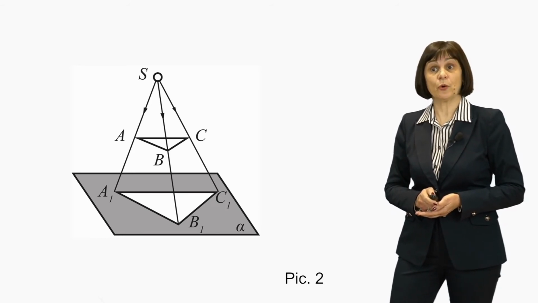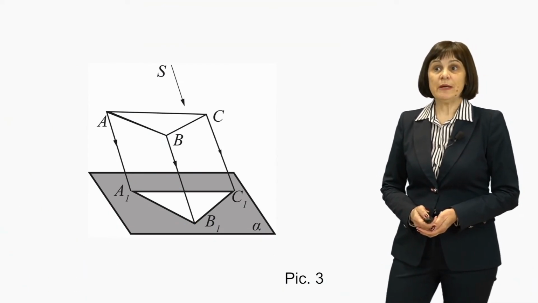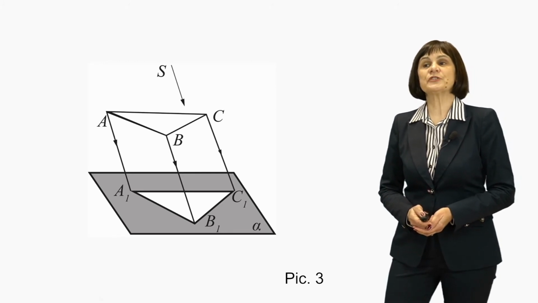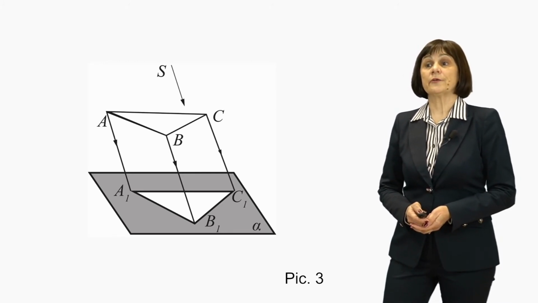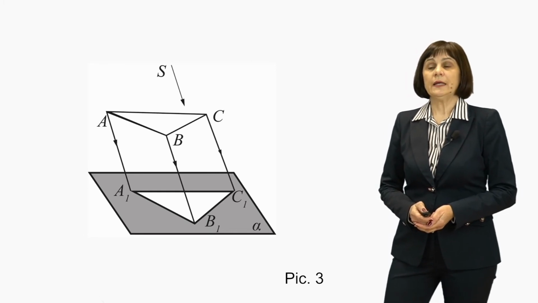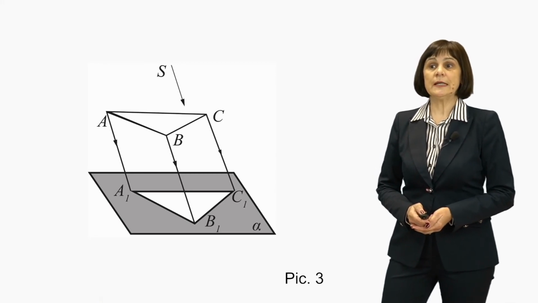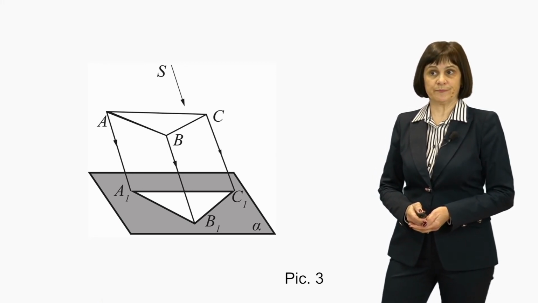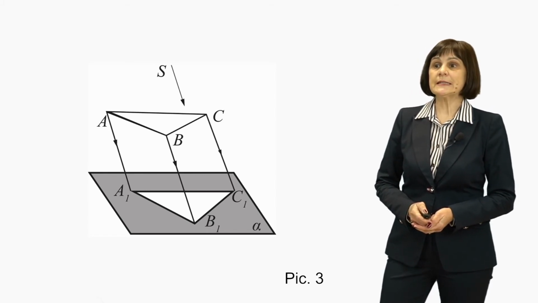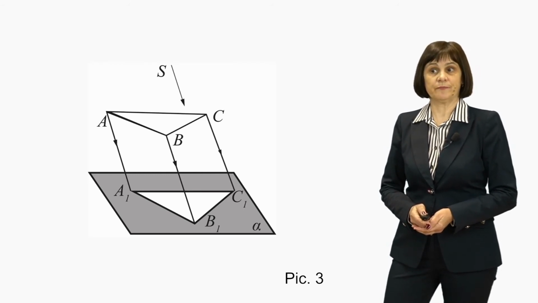of the original object. So, the central projection method does not display the parallelism of straight lines and the relationship of segments. That's why, in practice, the method of parallel projection is more often used. The parallel projection method is a special case of the central projection method.